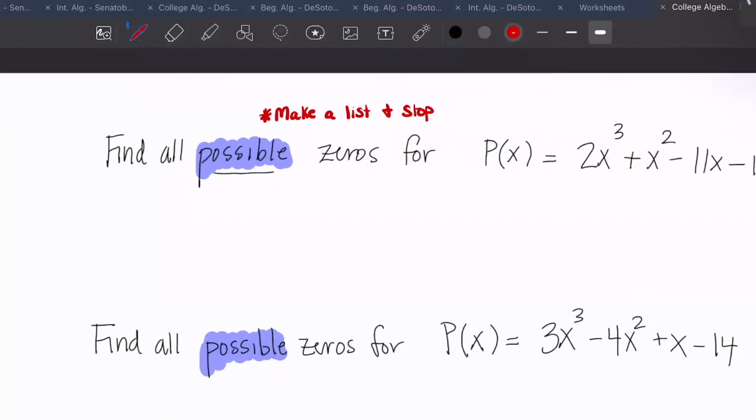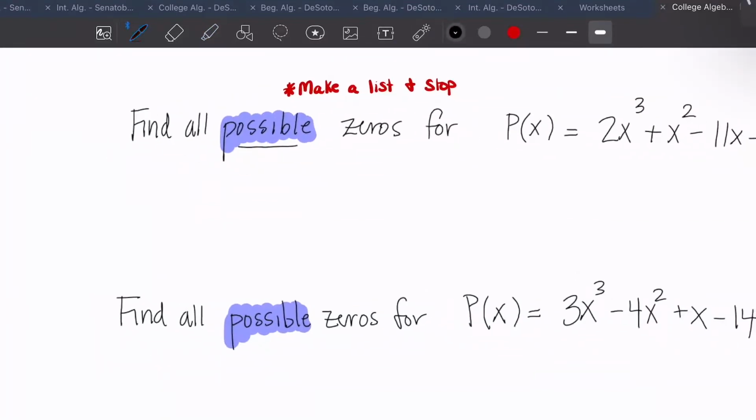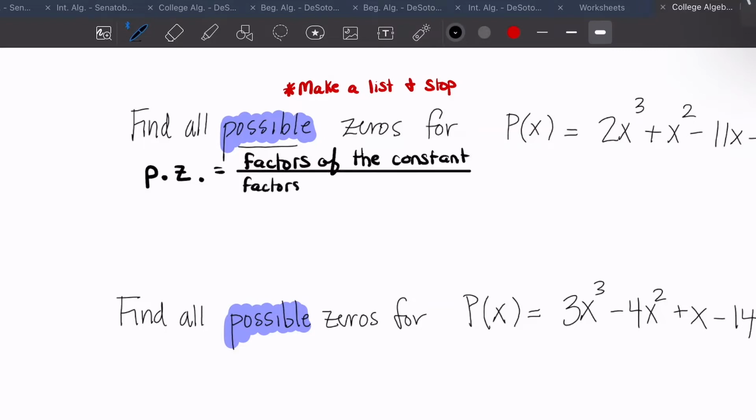You're just going to make a list of all the possible ones, and then you're going to stop. So possible zeros equals factors of the constant over factors of the leading coefficient.